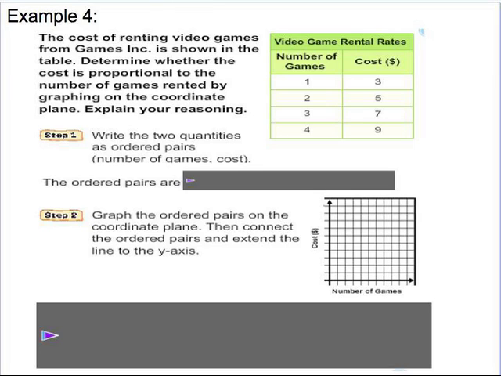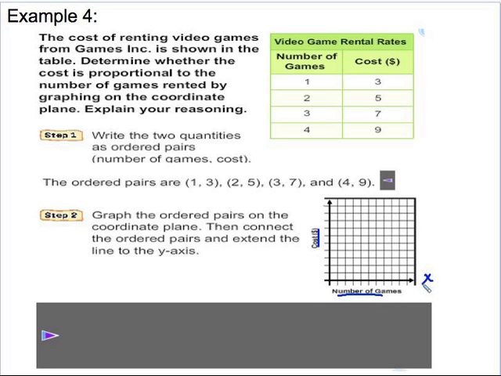If we write the two quantities as ordered pairs, we find that for every 1 video game it costs $3, for every 2 games it costs $5, 3 games cost $7, and 4 games cost $9. The second thing that we need to do always is to graph. In this case, we know that the cost depends on the number of games, so we put the cost going up the y-axis and the number going across the x-axis.